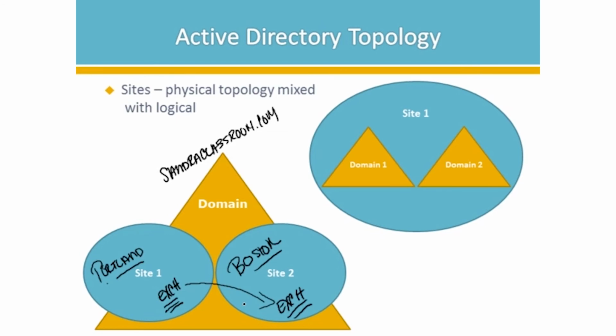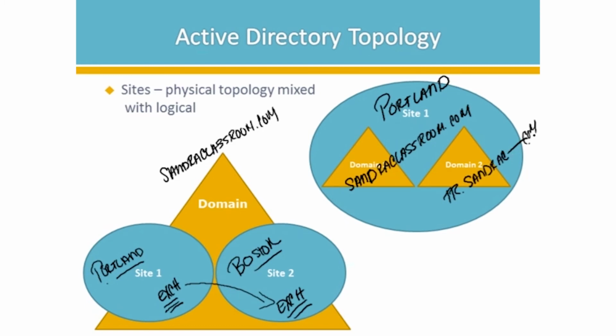Now, it's also possible to have separate sites or separate domains. So an example, in Site 1, let's have this be the Portland office. Maybe in the Portland office, I have people who actually work for sandraclassroom.com, and training.sandraclassroom.com, and I'll just kind of abbreviate that.